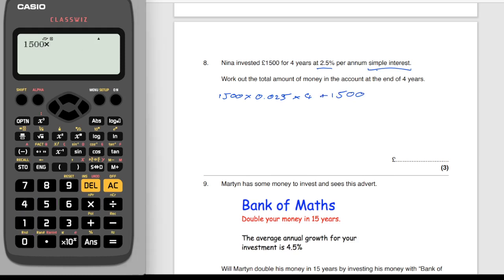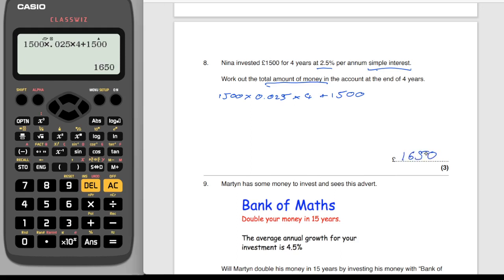So I take the original amount, I multiply it by the interest rate, which is 0.025. That would give me the interest for 1 year. I times it by 4 because I'm after the interest for 4 years, and then I want the total amount of money in the account, so I need to add on the initial investment. So I should have £1,650 in the account at the end of the 4 years.